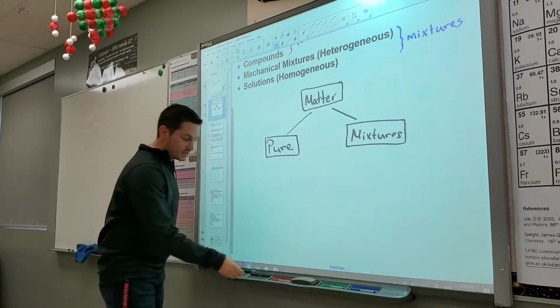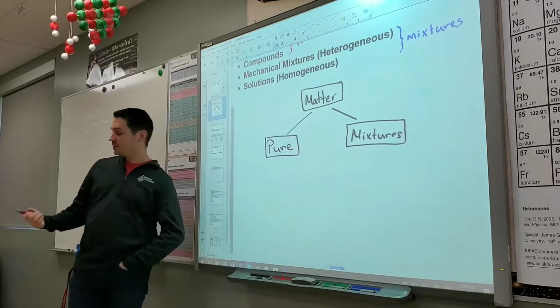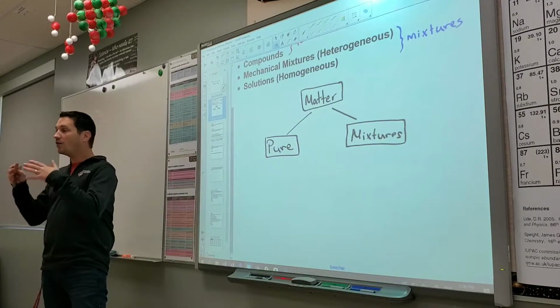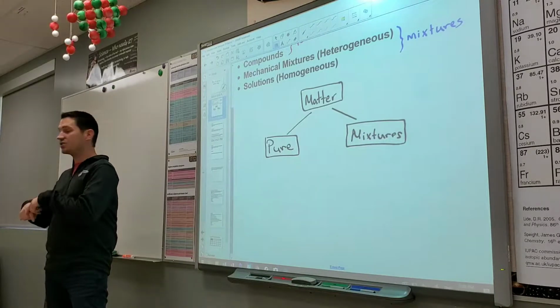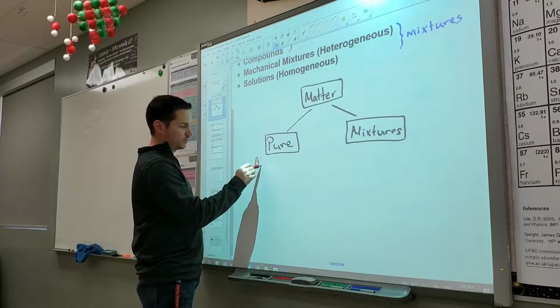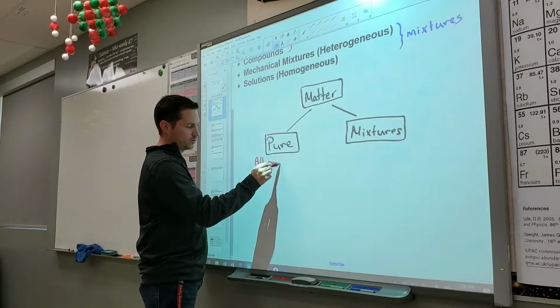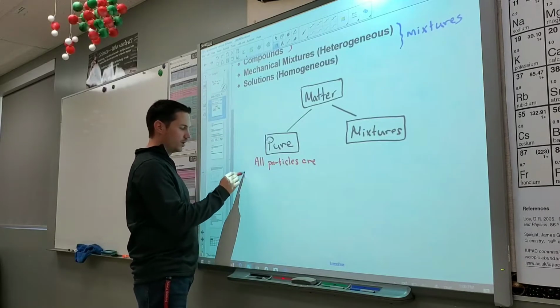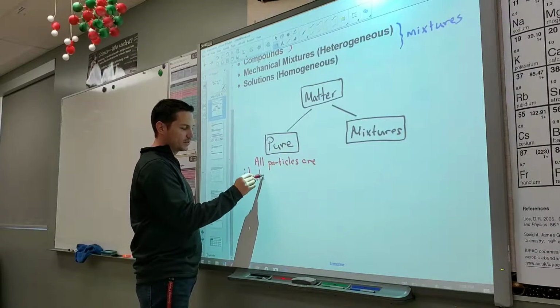Pure substances we define as made up of particles that are totally identical to each other. All particles are identical.